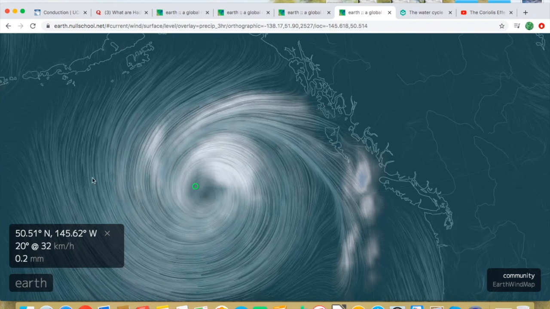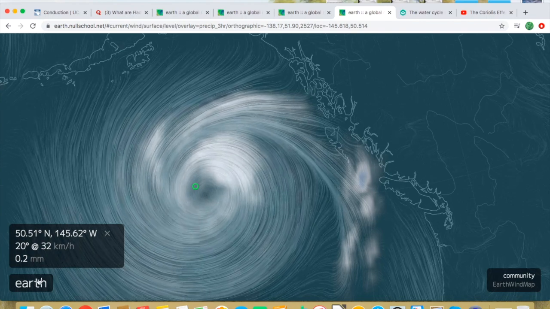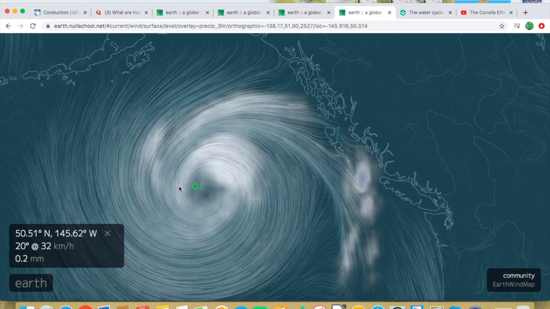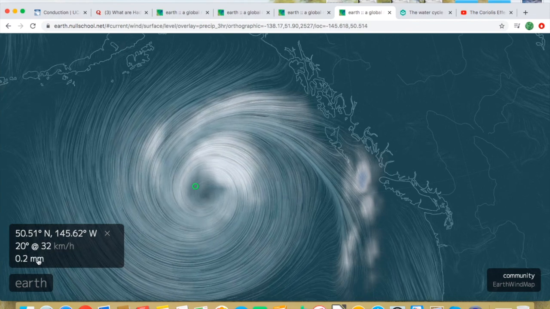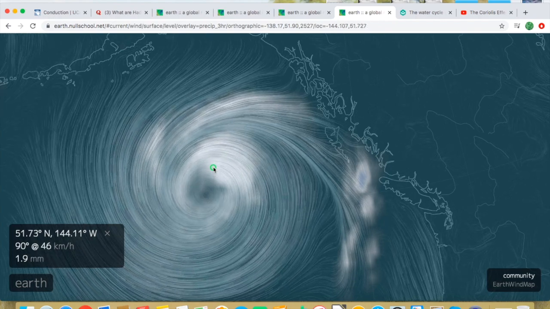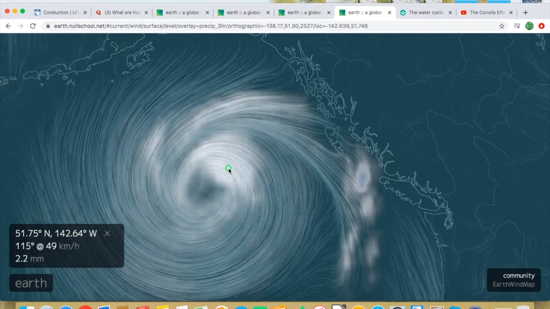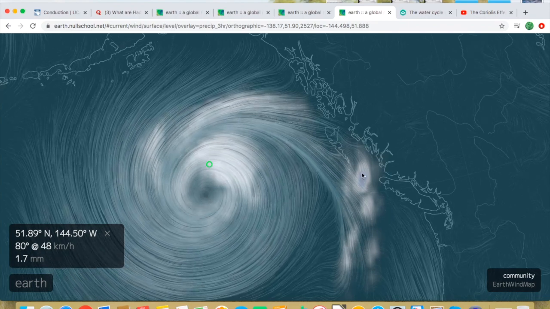What this is actually mapping out is the weather forecast for how much rain is going to fall. So if we look right here, it's saying the next 3 hours, there'll be about 0.2 millimeters of rain falling there. How about right here? 1.9 millimeters, 1.7 millimeters. So basically, it's going to rain there. Doesn't look like it's going to be all that bad, but some rain.